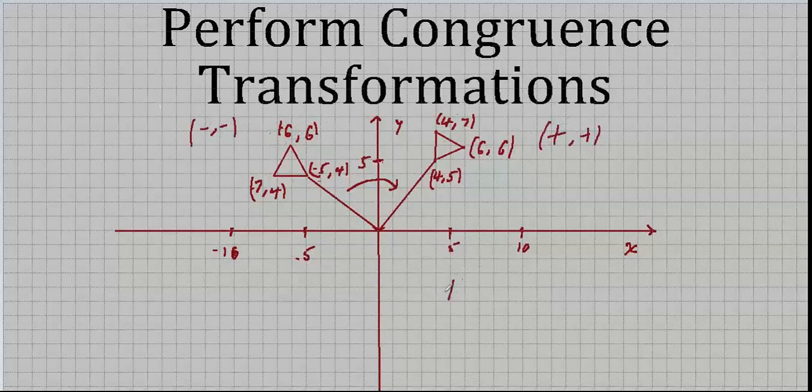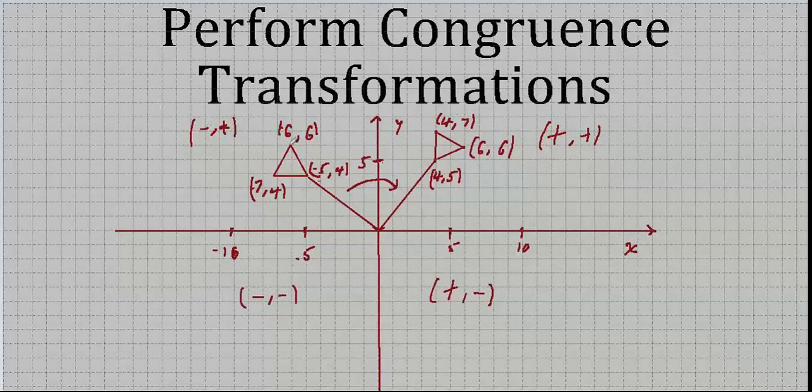In this quadrant, it's positive, negative. And in this quadrant, it's negative, positive. X is negative, Y is positive, and this one is negative, negative.